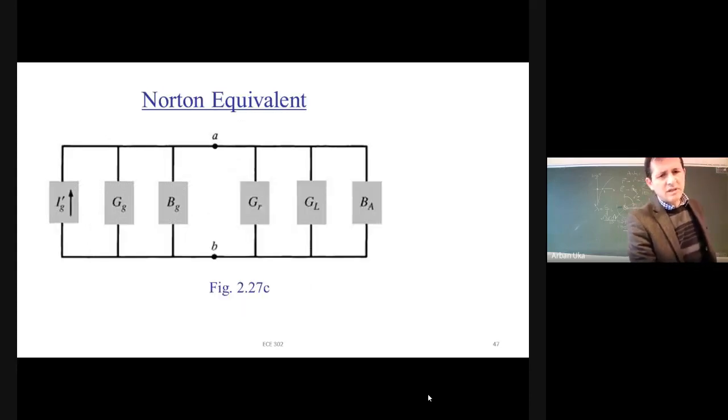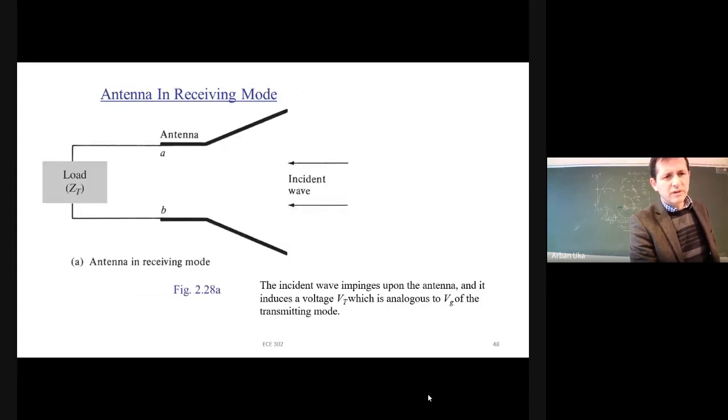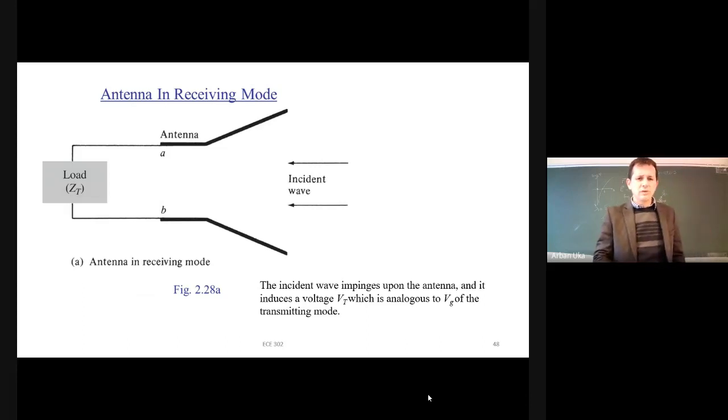At the same time, when you consider the losses or the impedances in this antenna design, there is also an analysis which is a Norton equivalent. Here we have another antenna, which is now in the receiving mode. Before, we had a wave which was radiated.